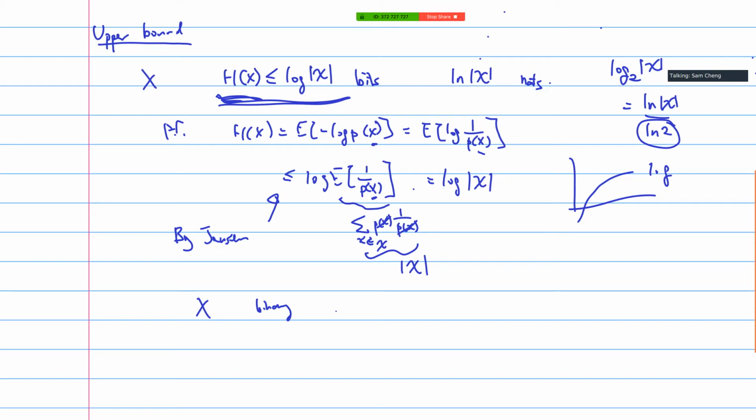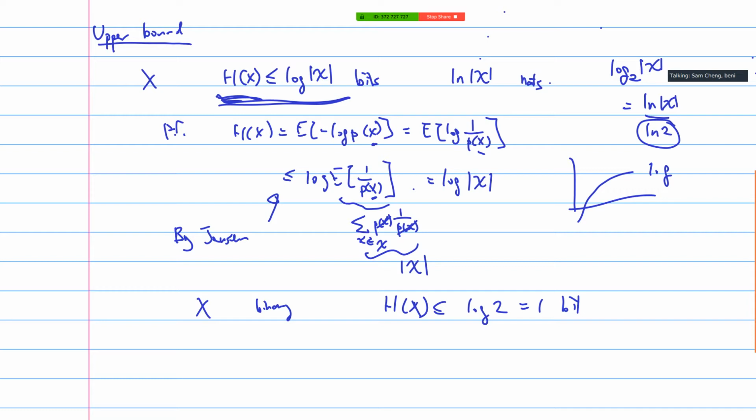Then the bound is saying that H(X), the number of bits to store this binary information, will be less than or equal to log 2, which is just 1 bit. So it's apparent: if you have 2 outcomes, no matter how you massage this distribution, you can always use just 1 bit to store this information.